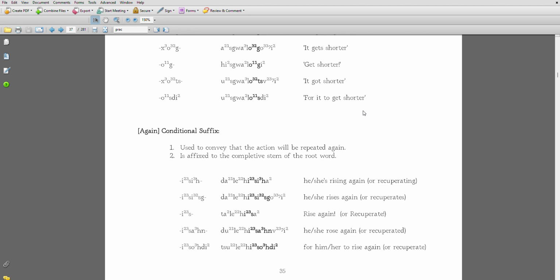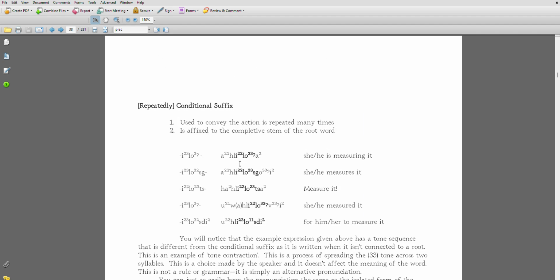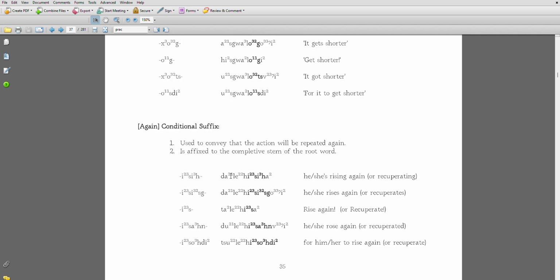It is used to convey that the action will be repeated again. Number 2 is affixed to the completive stem of the root word. So each one of these stems has an H. That tells you it is the completive stem. So then the bold portions are the again conditional suffix.